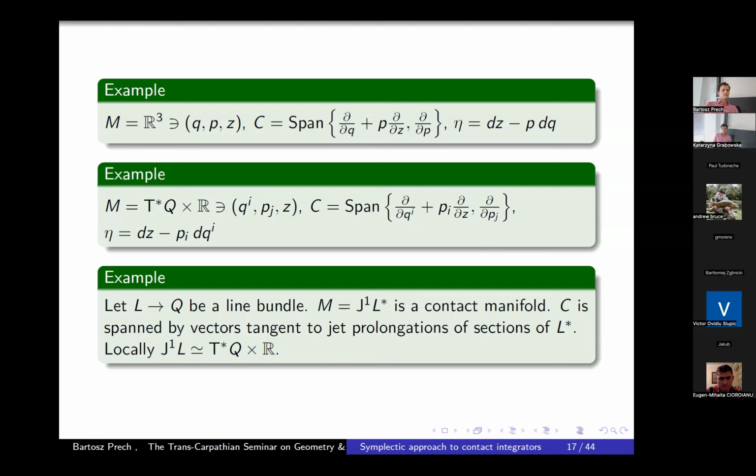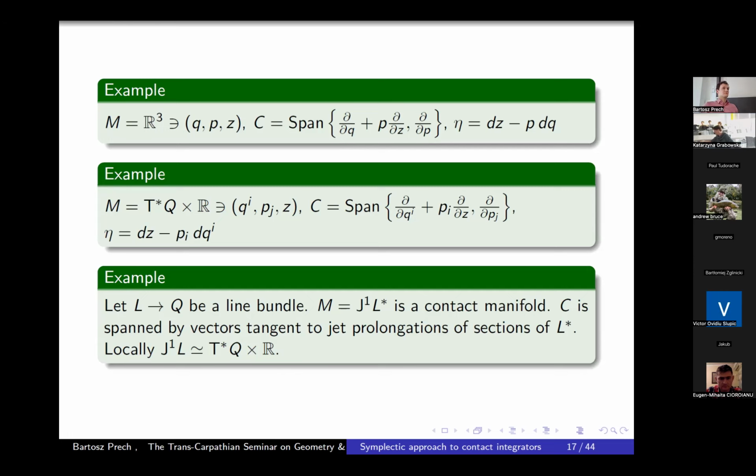What is L star? Sorry? L star. Oh, sorry, this is of course irrelevant. This is dual to the line bundle element, of course. So why L star, not just L? Because in application it is more convenient.